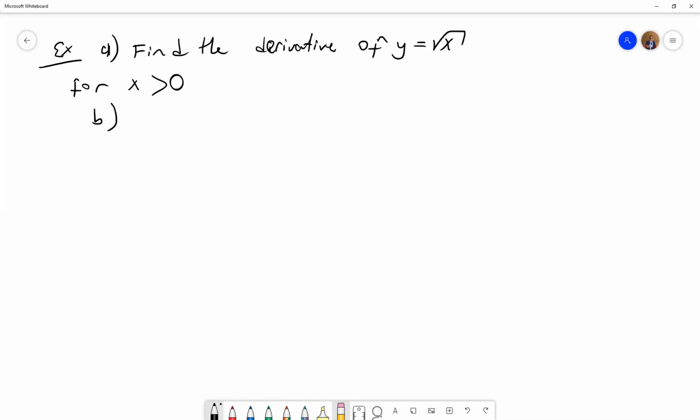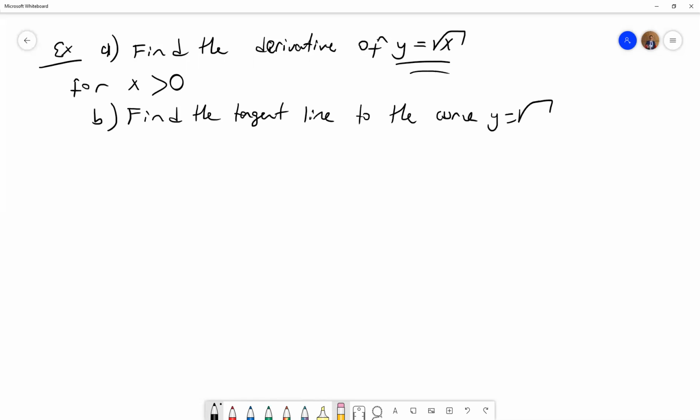And second question for this example, find the tangent line to the curve, y is equal to square root x, at x is equal to 4.